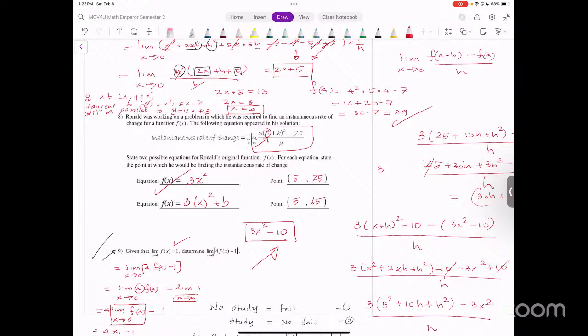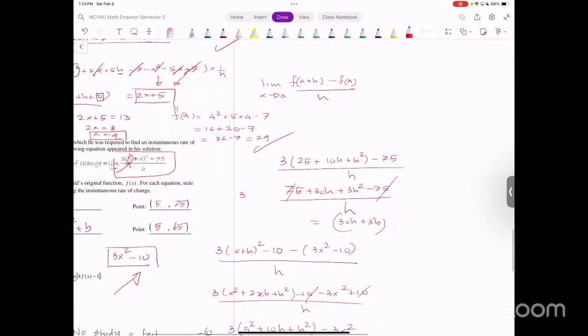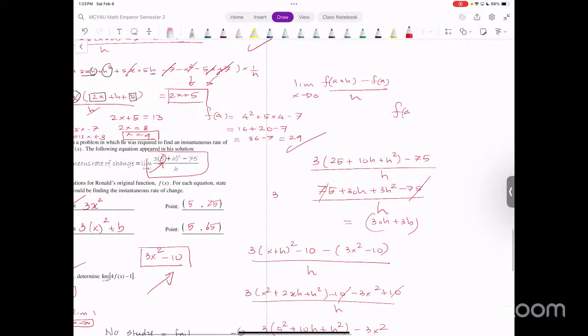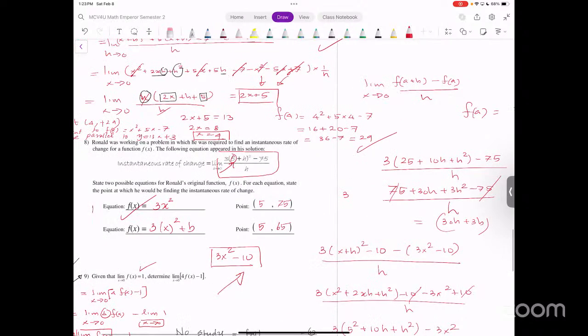Make sense? Yeah. So now based on the definition, I can say f(a) is supposed to be 75, right? f(a) must be 75. So if f(a) needs to be 75, then you should be able to find out what should be the function, with a supposed to be 5. So getting the first part is supposed to be straightforward. This one, yeah, I understand that different technique.